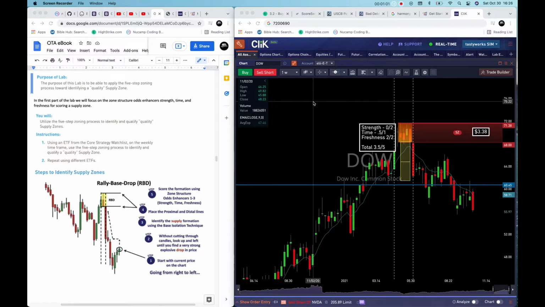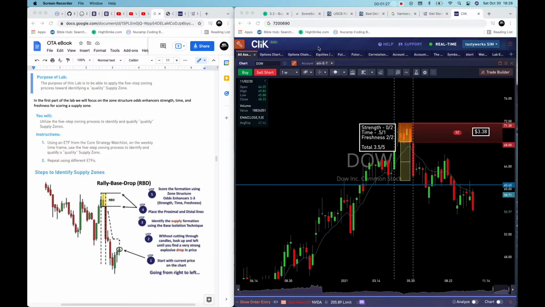So you can see here on the right end of the screen, I've already scored one particular zone. Remember that in the 5-step process, we always start with current price, and then we move up and left sequentially, going candle by candle. We don't cut through any candles. We continue to move up and left until we can find a very strong explosive drop in price.